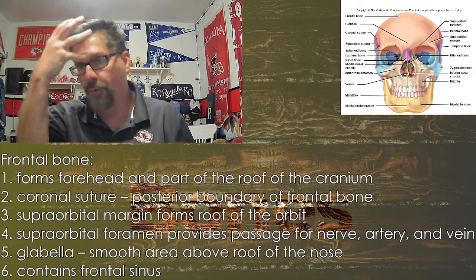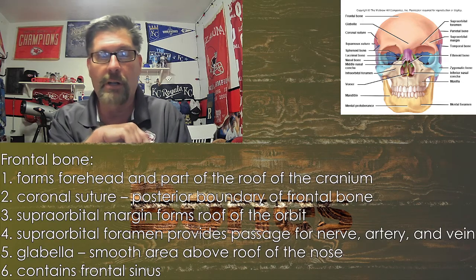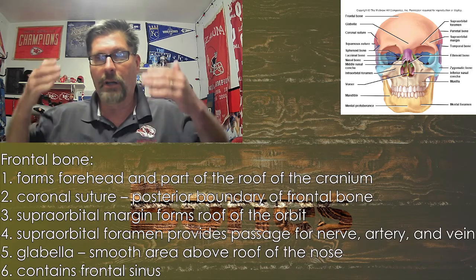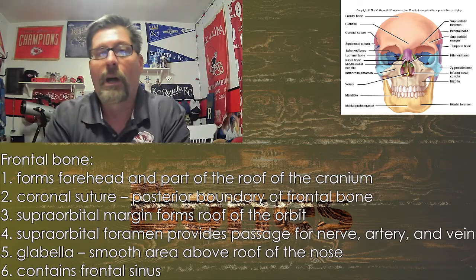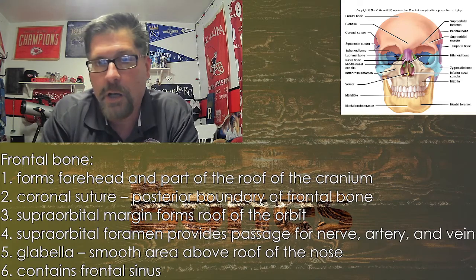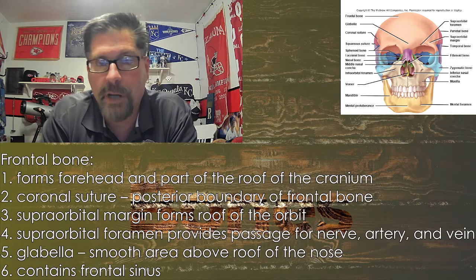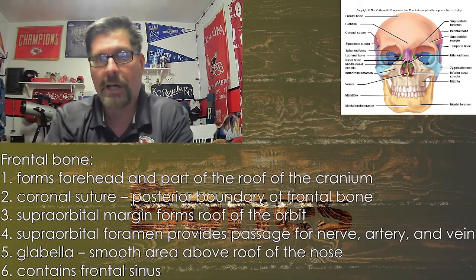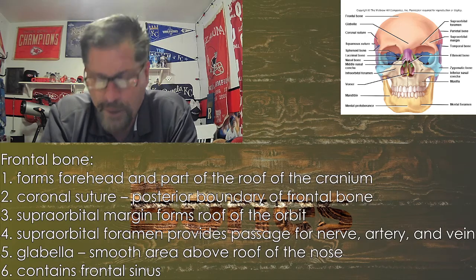It's got the whole forehead section, and you can't tell it from this angle, but you'll see it in the next one when we look at the parietal bones, that it doesn't go all the way back. It only goes back an inch or two, and you have the first suture, the coronal suture that separates the frontal and the parietal as far as going backwards. And of course, there's a sagittal suture that separates the two sides of the parietal.